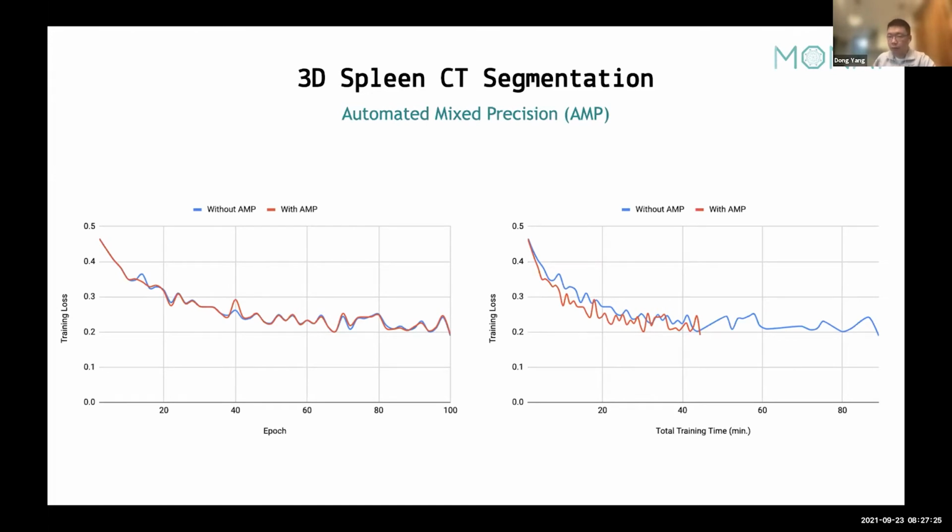But on the right-hand side, if we switch the x-axis to total training time, the curve with AMP is squeezed by half, which means AMP can reduce the training time by half. That's quite impressive speed up we gain with AMP. And from the left figure, the training loss curves are almost identical, so we think this performance is really reasonable.